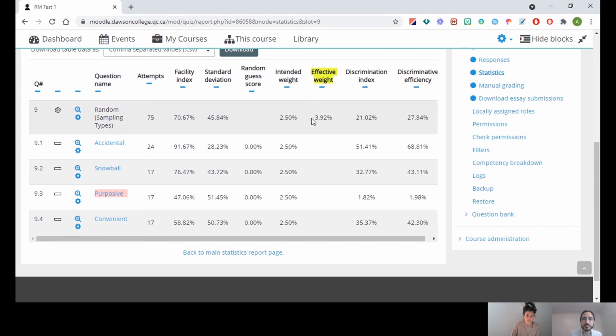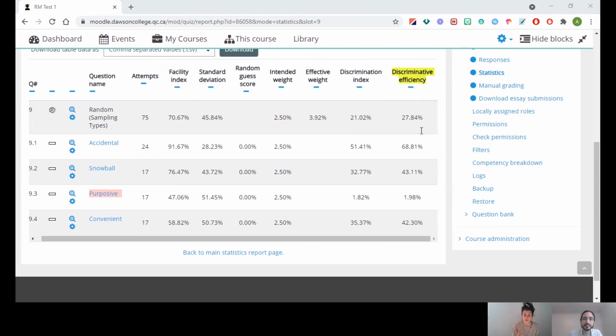This is useful if you compare these. Whenever the effective weight is very much higher or very much lower than the intended weight, you might want to readjust the weight you give to that question in a test. In this case, this question proved to be a lot more significant for most students than what it was intended to be.